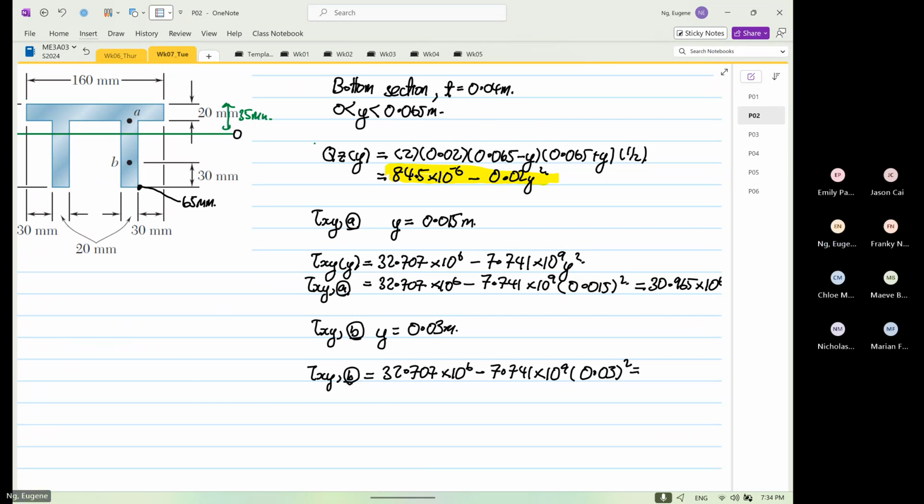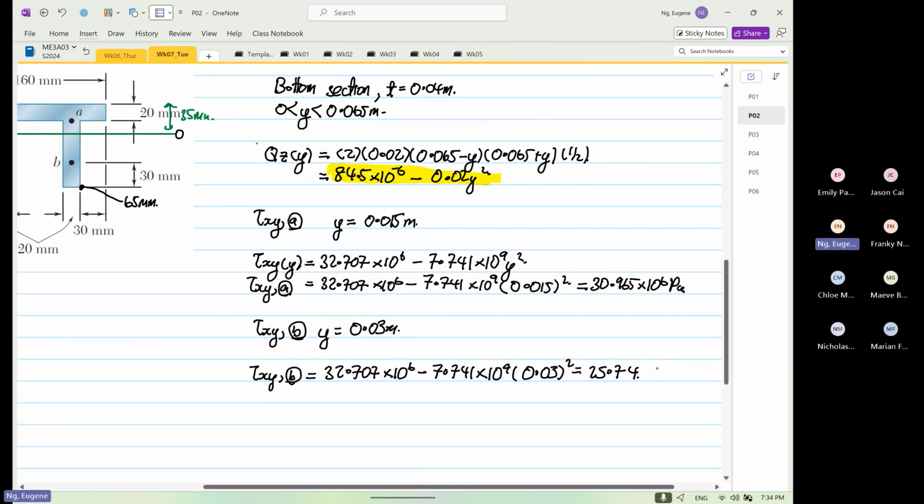So 7.741 power 9 times 0.03 squared, 32.707 power 6 minus by, so it's 25.74 times 10 to the power 6 Pascal.